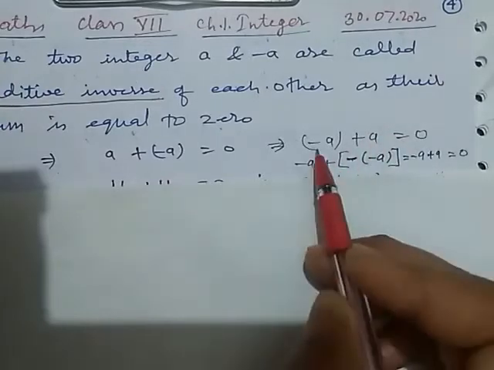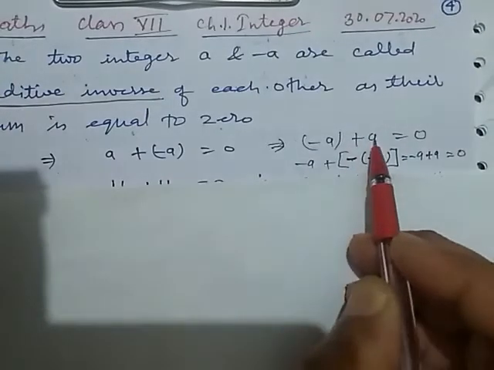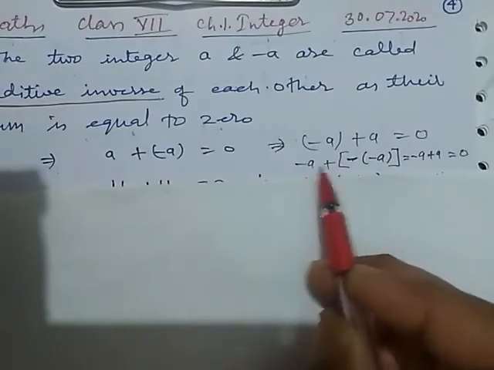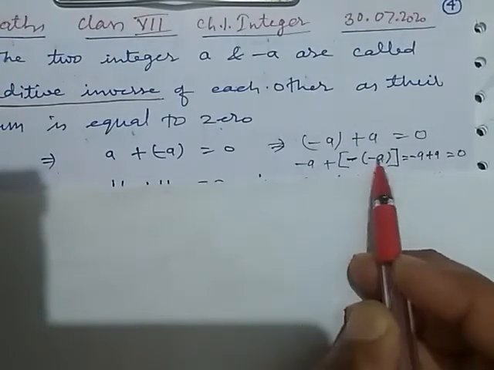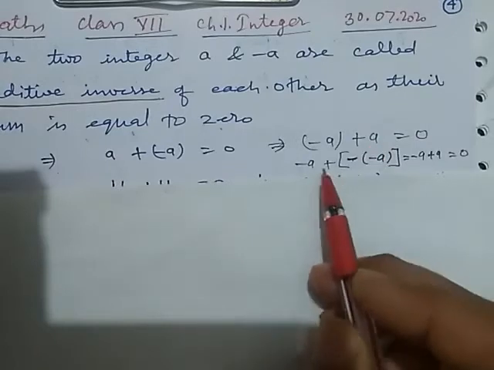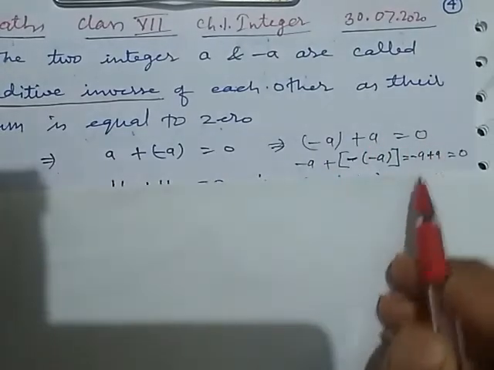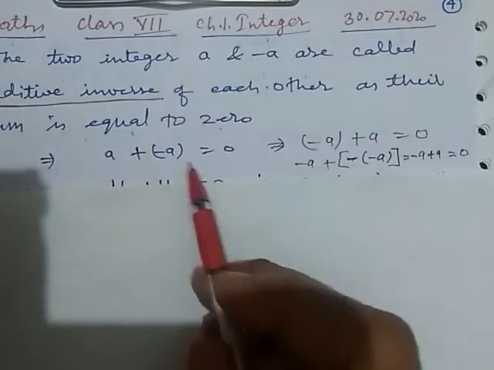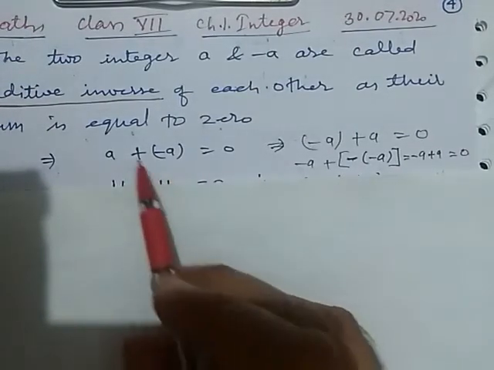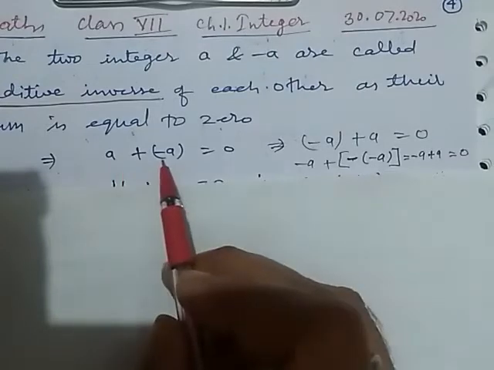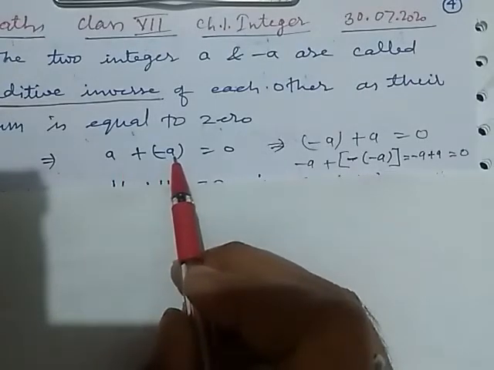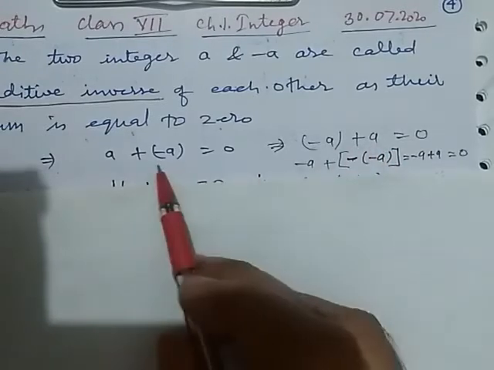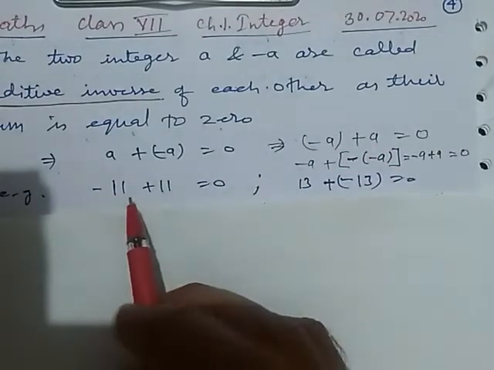So minus a plus a equals 0, which means minus a and the negative of minus a, which is equal to plus a. So a is the additive inverse of minus a, and minus a is the additive inverse of plus a. Okay, we take an example.